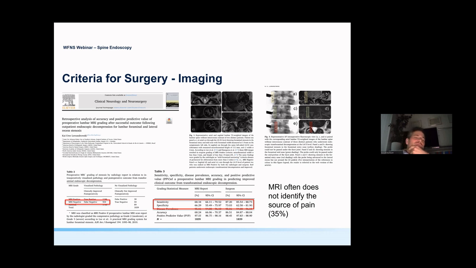And regarding his paper that has been published, the false negative MRI reports are about 35%, which means that about 35% of pathologies that are visible with an endoscope are not seen on the MRI before surgery.